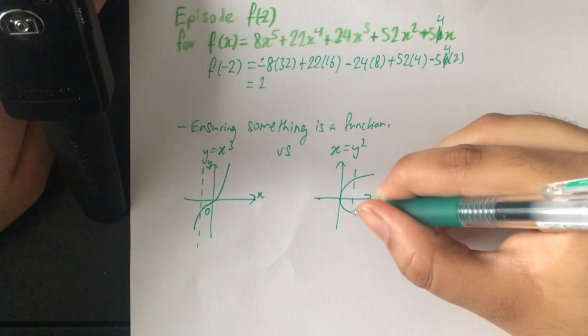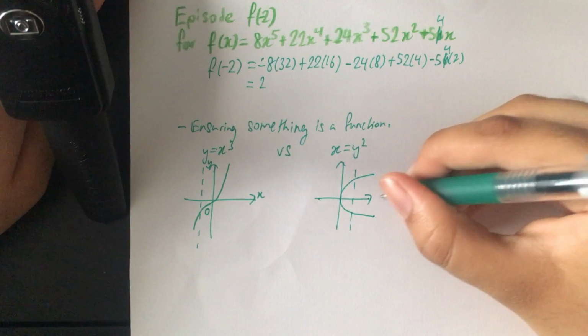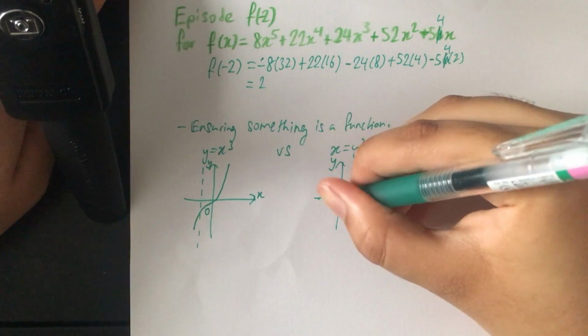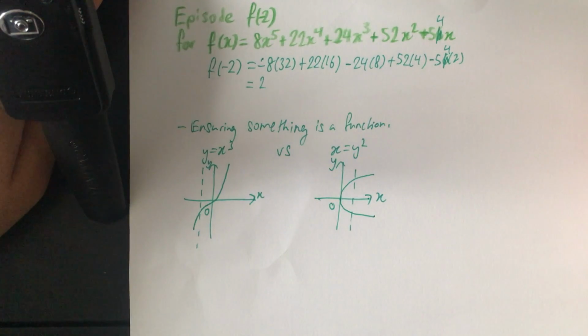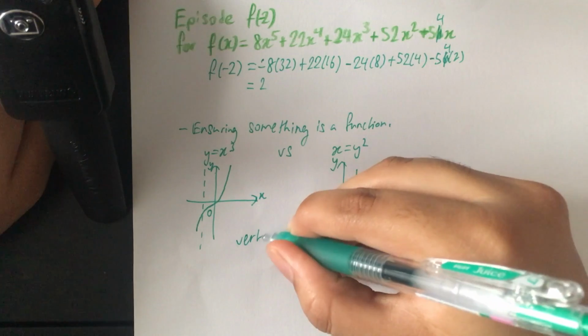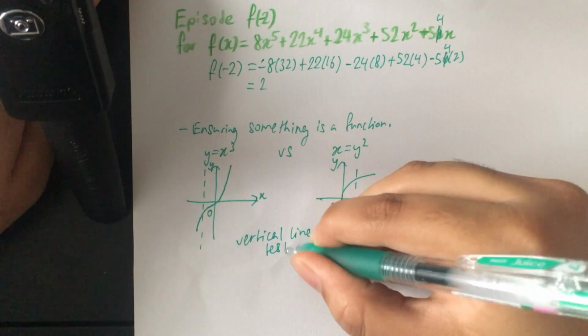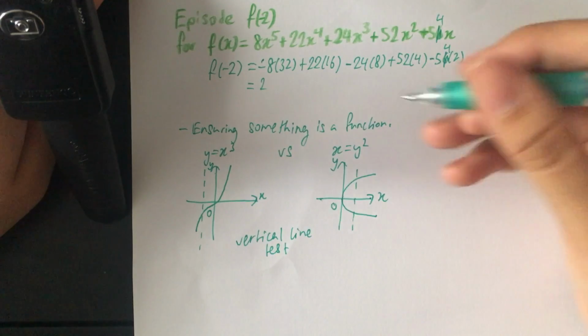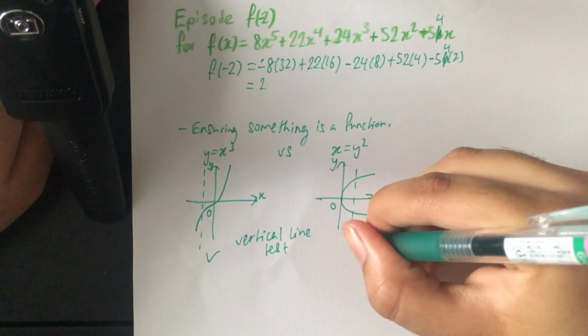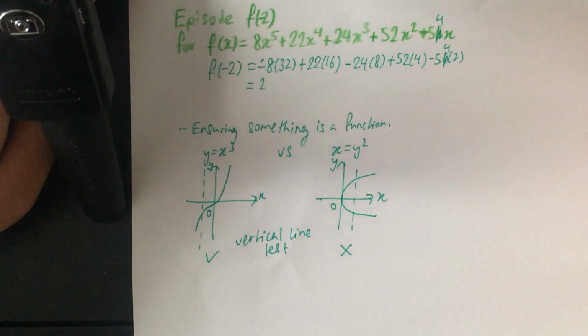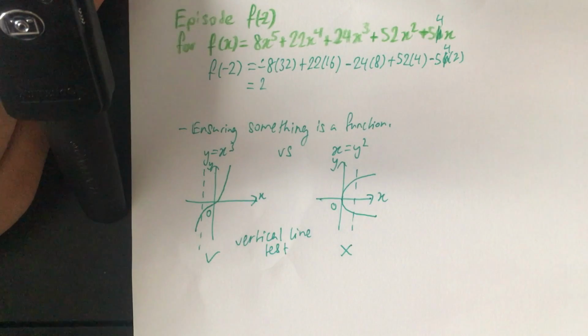If you only have that, then it's a function, but if you have both positive and negative square root, then it doesn't work. So that's for the function. You need to make sure it passes the vertical line test, because otherwise for a certain x you wouldn't have a certain y.